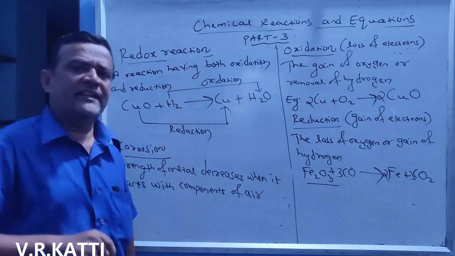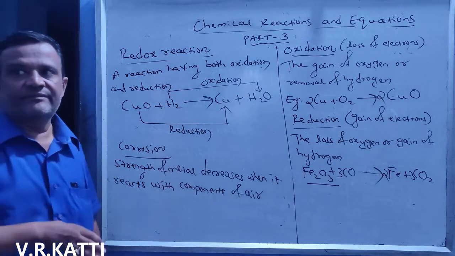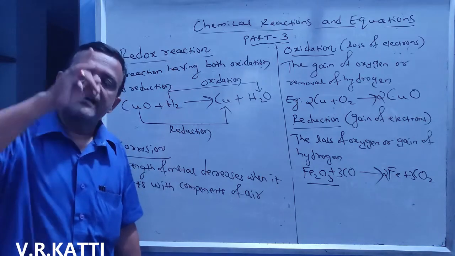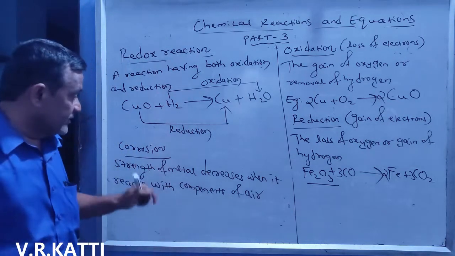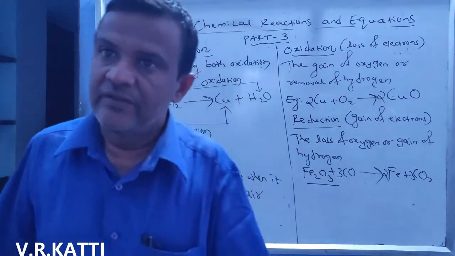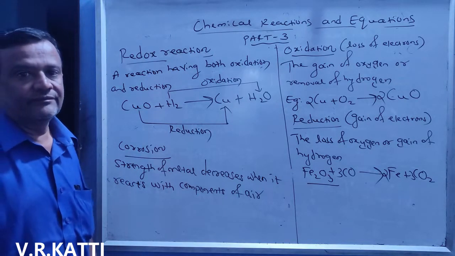But its demerit is rusting. Whenever iron rusts, it loses its strength. So that is the demerit of iron, that iron undergoes corrosion.